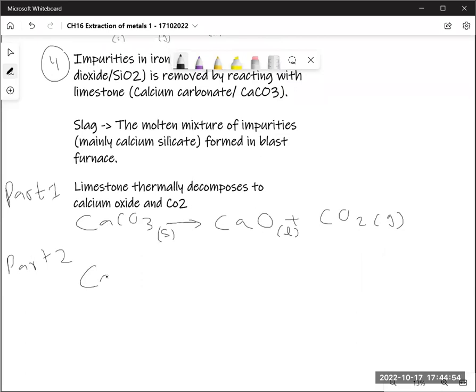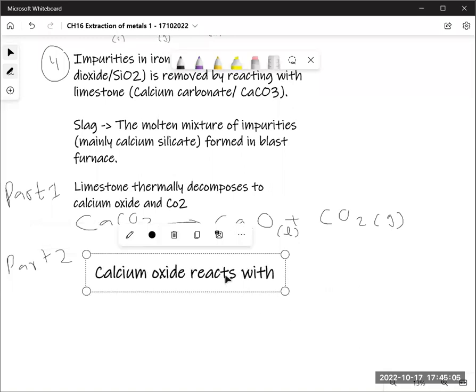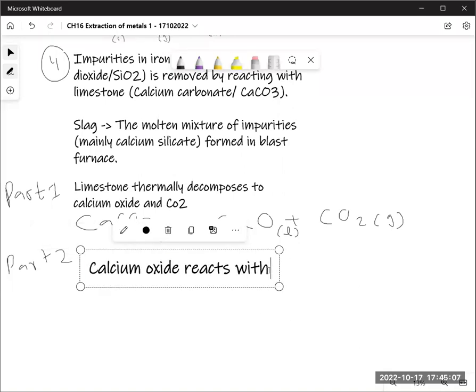Then what happens is that CaO, calcium oxide, reacts with silicon dioxide to form calcium silicate.